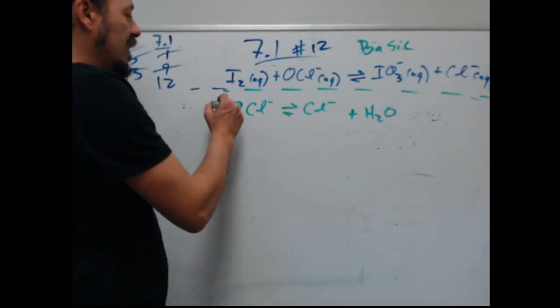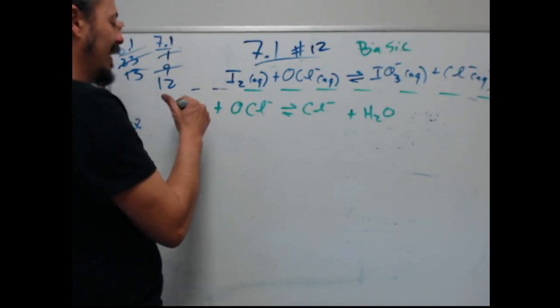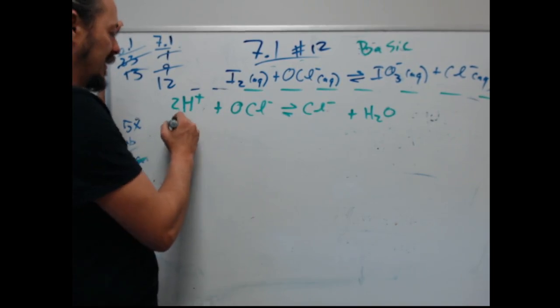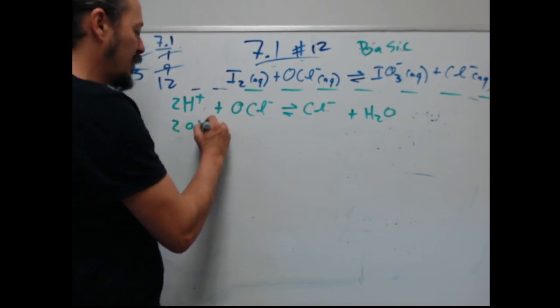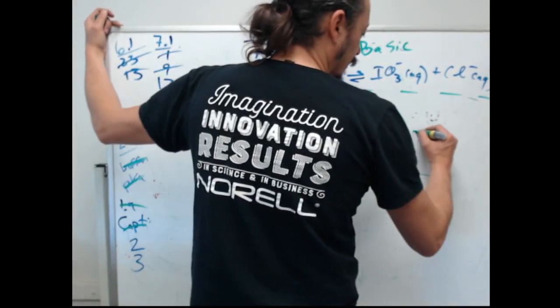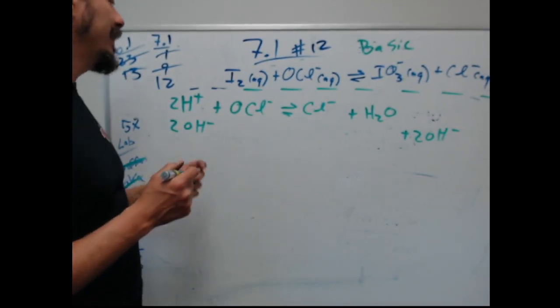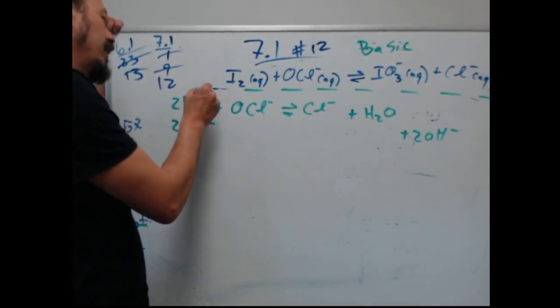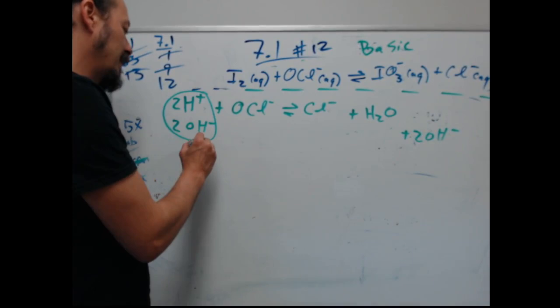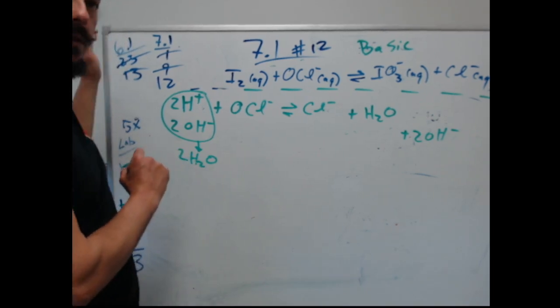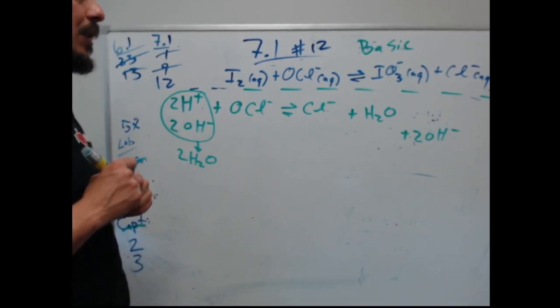And then I do a little crafty thing: I add 2 H plus to balance the hydrogens, and then I add 2 OH minuses to both sides. The reason I do that is because I can't actually add H plus alone, but if I add H plus and OH minuses in equal amounts, that just makes H2Os, through neutralization.